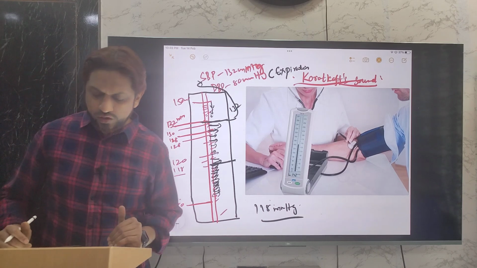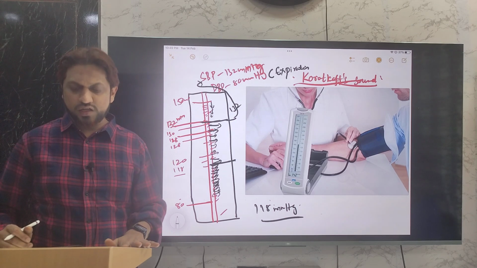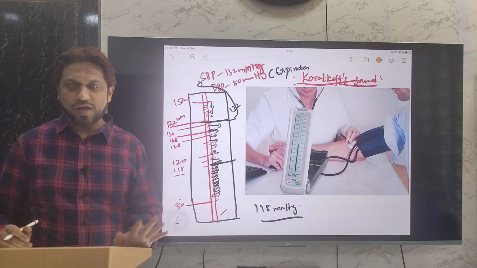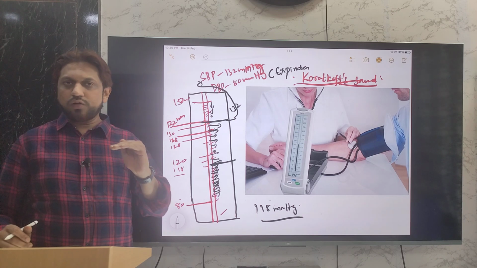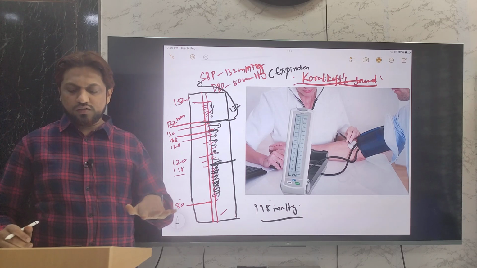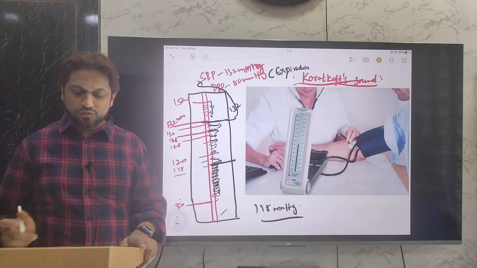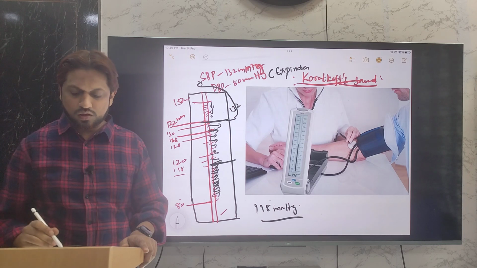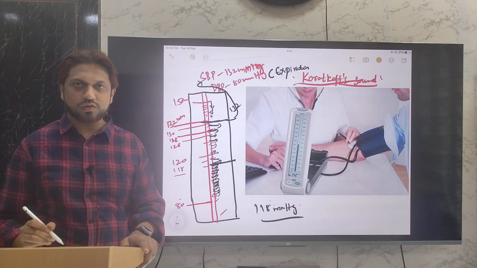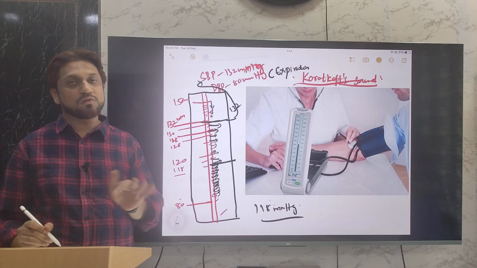During expiration, the first sound you will hear at 132 millimeter, just imagine. Then the Korotkov sound you will not hear during inspiration; it will come back during the phase of expiration. So there will be a gap between the sounds, like tuck gap tuck, but a stage will come when there is no gap between inspiration and expiration.